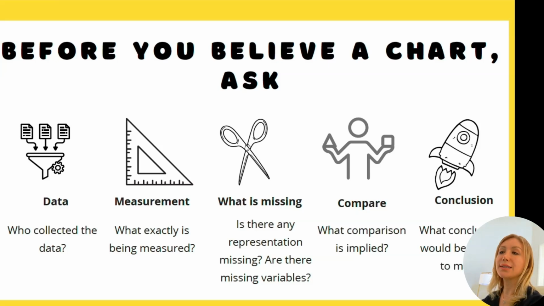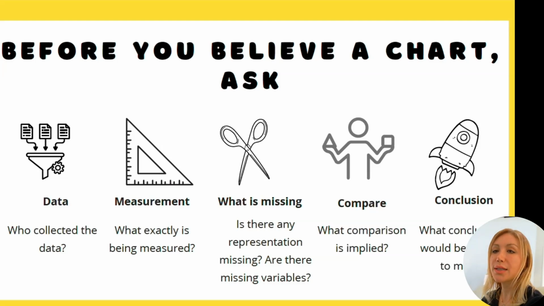Okay, who collected the data? Was it a government agency, a company, a nonprofit, a research group, a potentially biased nonprofit, for example, right? What exactly is being measured? Not exactly what you think it measures, but exactly what the chart literally measures. And third, what's missing? It's very important to identify and be aware. Know that data doesn't capture everything. So we know that there will be missing variables. We're living in an imperfect world.